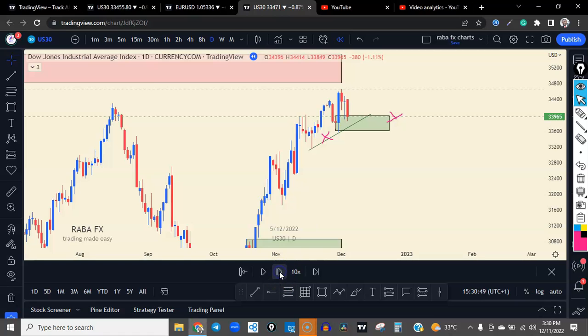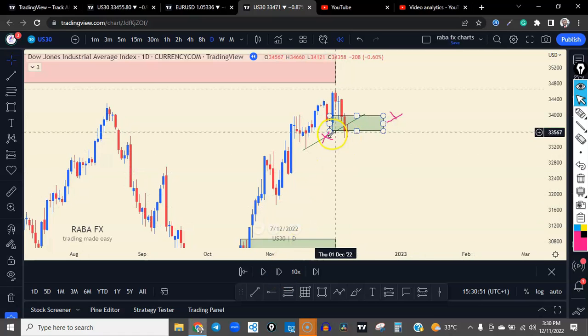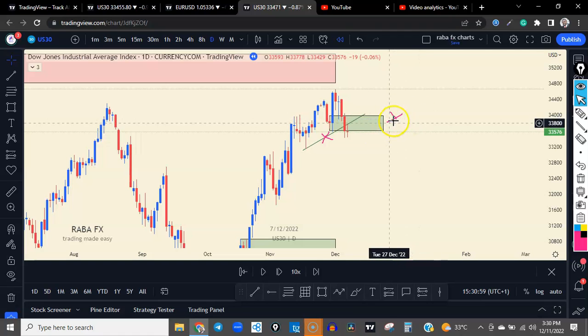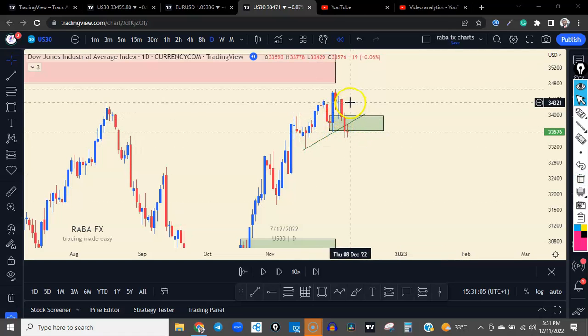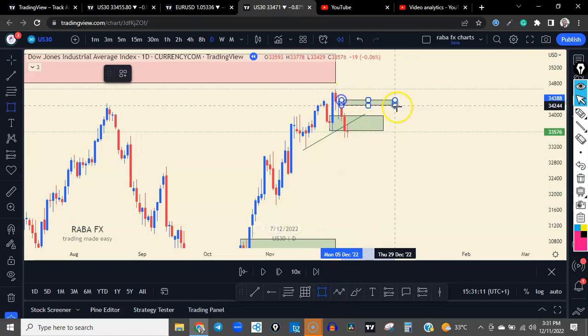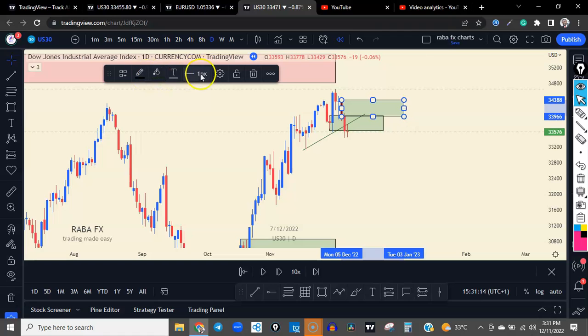So now, looking at this, we have seen that the market has closed below the trend line and also has violated this demand zone. That leads us to another supply zone somewhere up here. So this candle here, your IPA candle, is the supply zone.